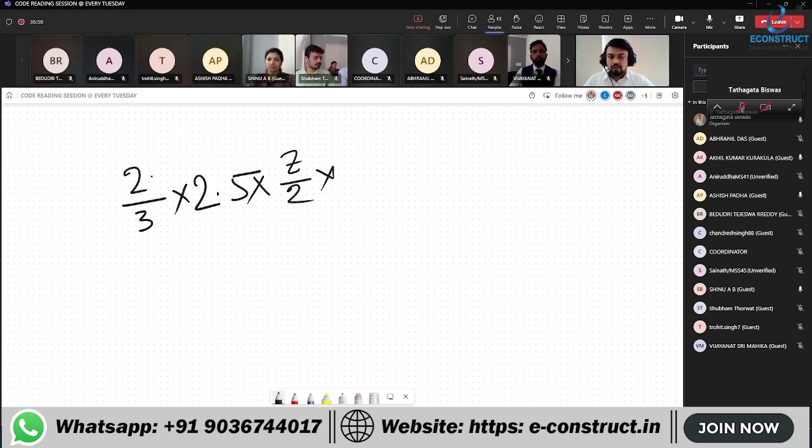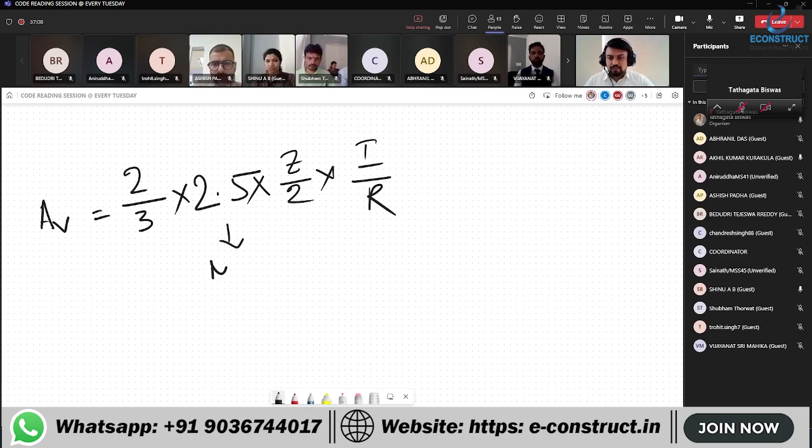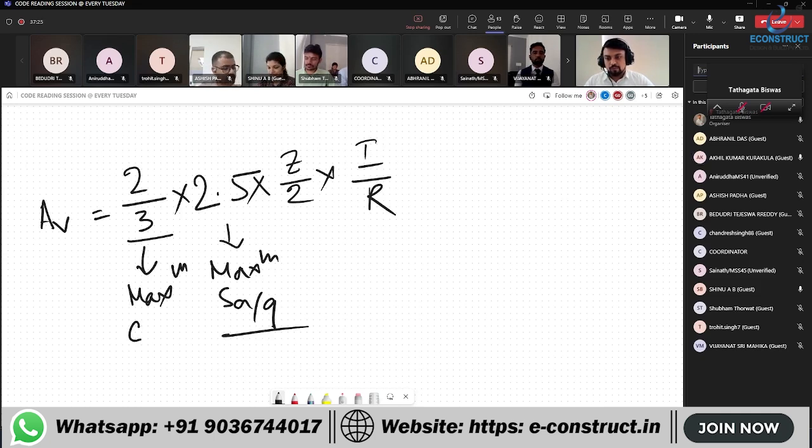So 2/3 into 2.5 into Z by 2 into I by R. Okay, so this is the formula for AV. What is 2.5? This is the maximum value of SA by G prescribed by the code. Why 2/3? Because the entire force coming from here, you need to take a maximum of 2/3 of that. So this is for the maximum component.